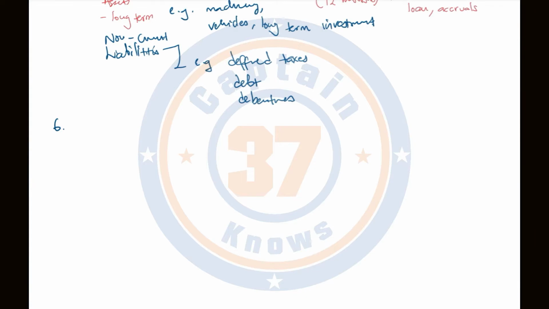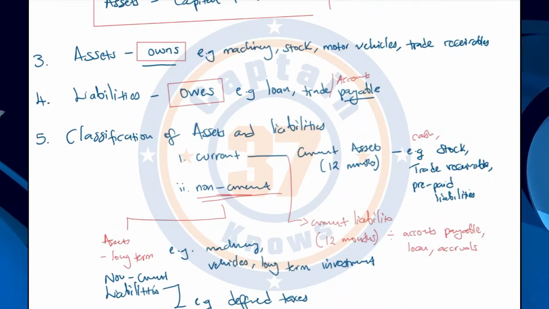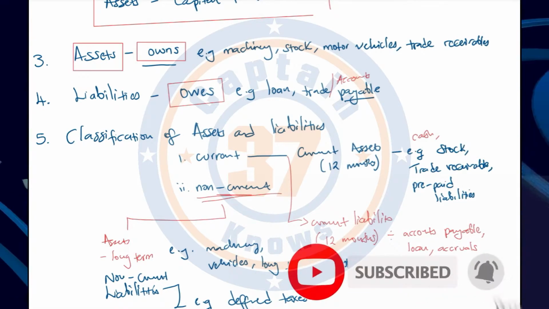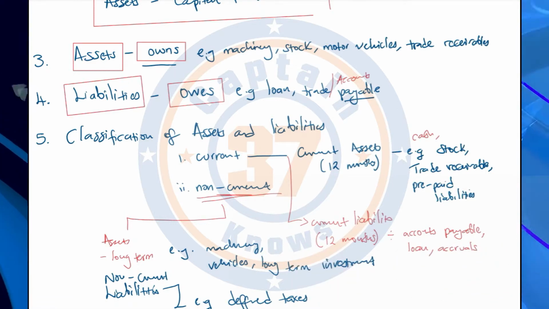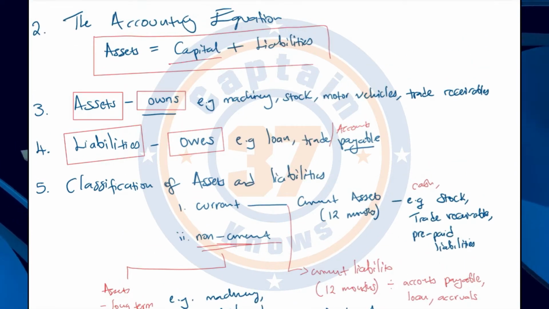What is number 6? So far we have talked about assets, and we have talked about liabilities. Now we need to talk about capital.